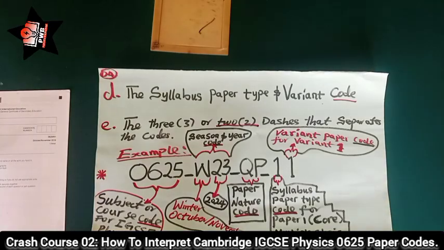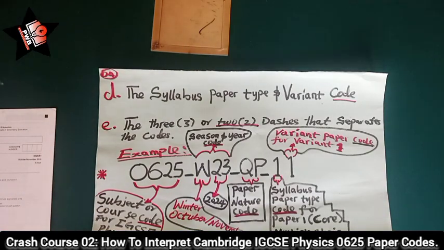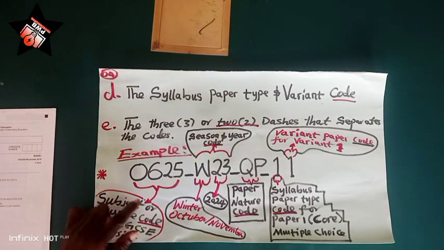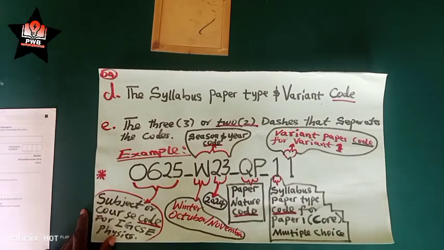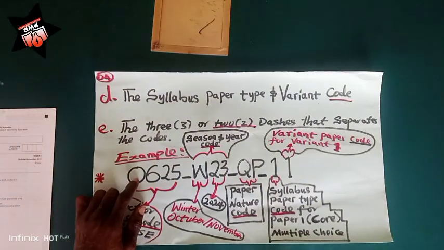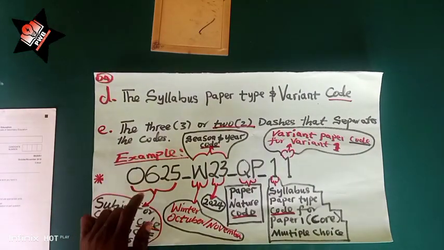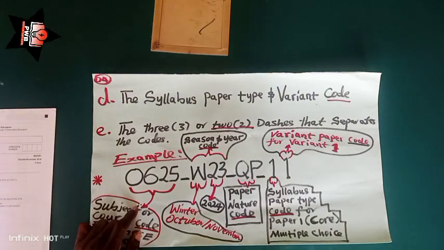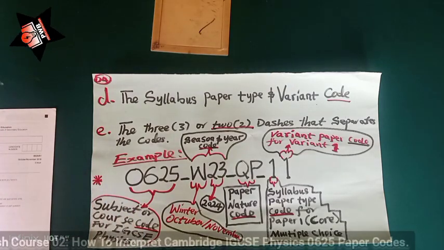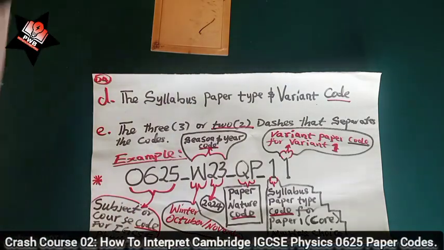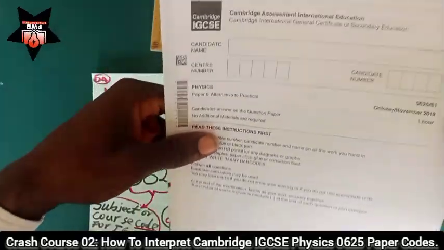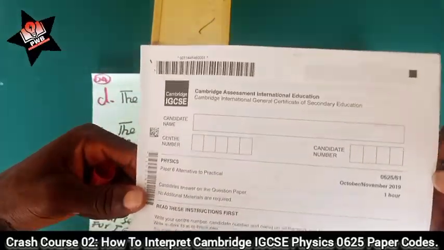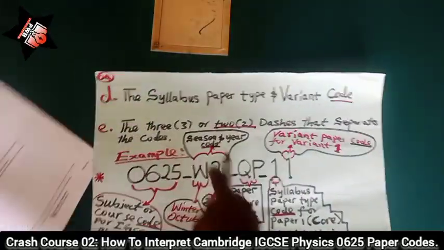Good. A practical example. Look at this. This is a typical example of a paper code. If you see this on the internet, what does it mean? If I send a document to you, they don't appear here. You can't see this paper code appearing.